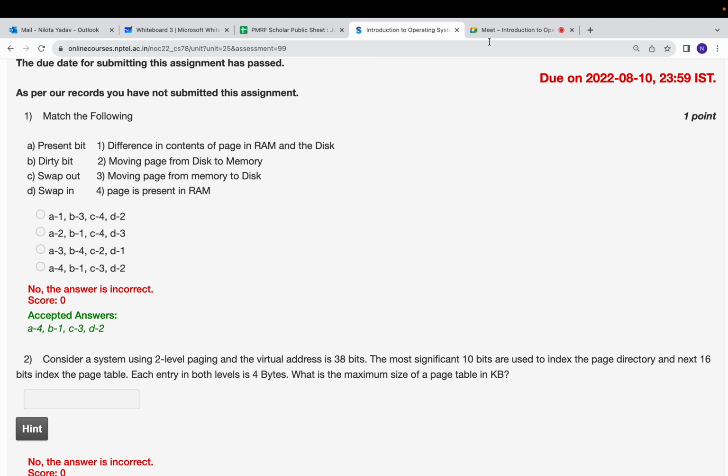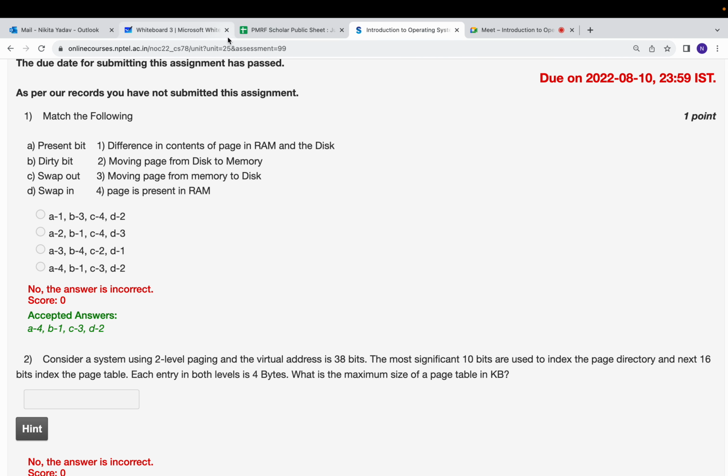It's not a page, it's an index to an entry in the page table. When you say a page, it means 4 kilobytes of memory. The term page is used for a memory block of size 4 kilobytes, so it's not a page in the page table.